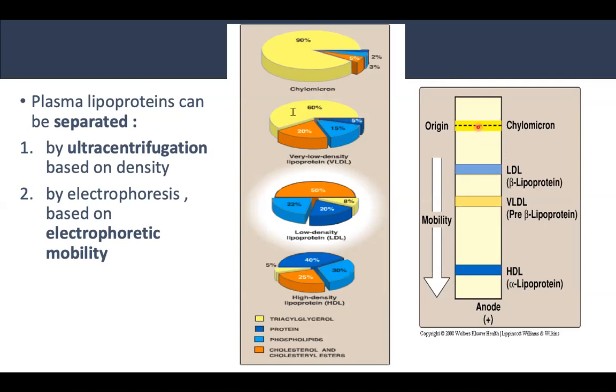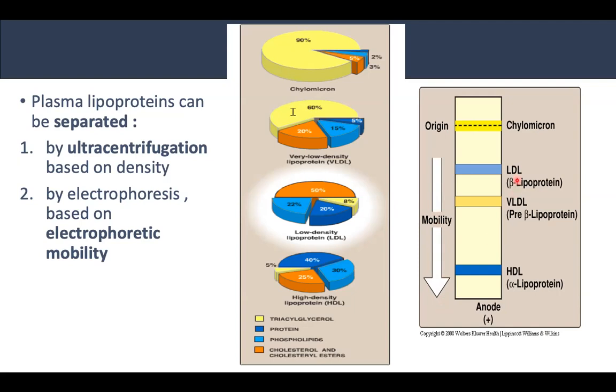So if you look at size, it's just a simple concept. The really, really big ones, for example, my chylomicron is so huge, it can't even move. You know what I mean? It's just so big that it's immobile. So that's why it stays right at the origin. Similarly, my HDL is so small, it's so easy for it to move. So it's going to go from the origin over here and move all the way across. It's going to be the farthest one.